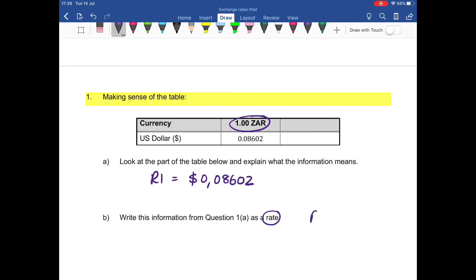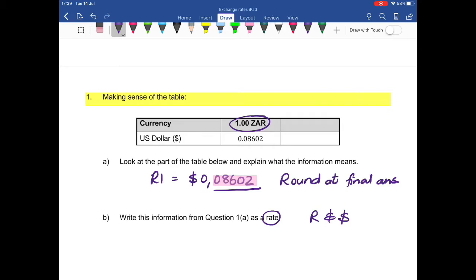So we are comparing rands and dollars, and we have to write it as a relationship. The other thing I need to say to you, when we deal with money, we normally say money is rounded off to 2 decimal places, but we will only round at the end. Round at final answer. So in this case we will work with 5 decimal places until our final answer.